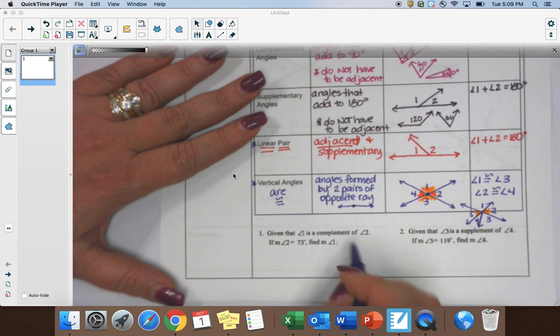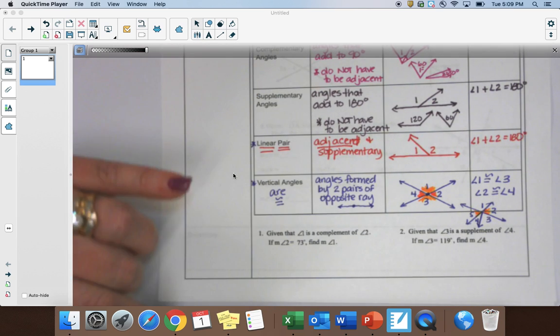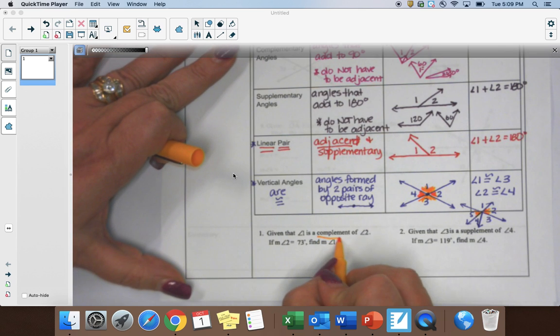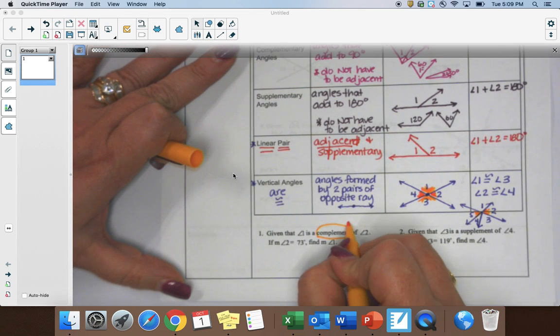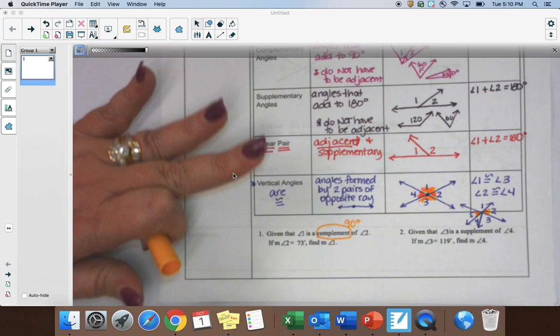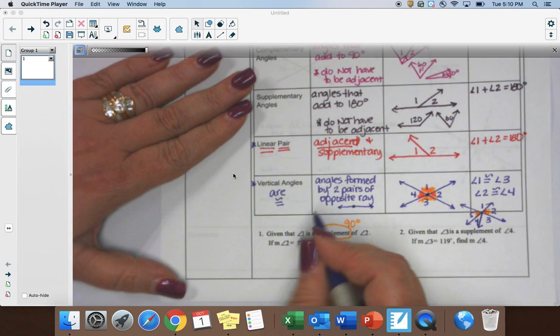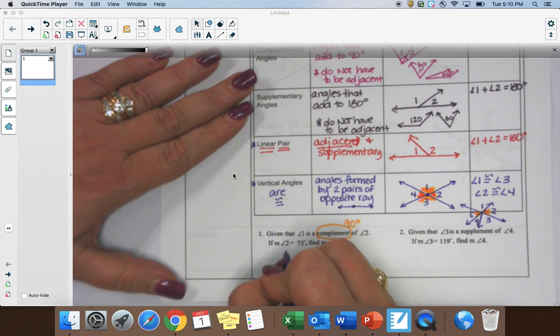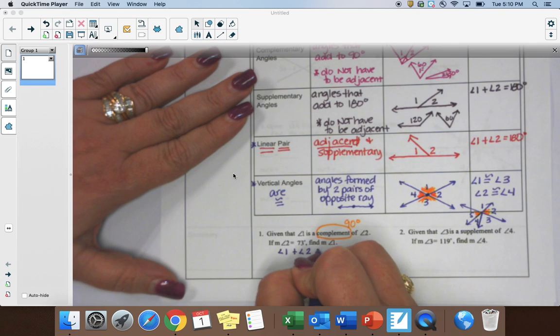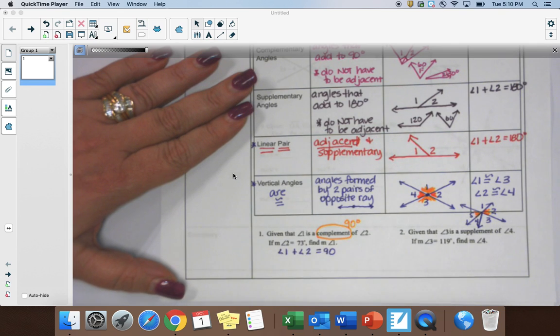So let's look at what it looks like to use these. Given that angle 1 is a complement, as soon as you see that, I recommend circling it or highlighting it and writing down what that means. Complement means that the angles add to 90 degrees. So if angle 1 is the complement of angle 2, then angle 1 plus angle 2 is equal to 90 degrees.